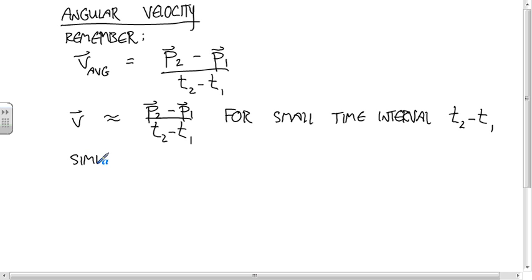So similarly, you could define an average angular velocity that's equal to the angular position at some later instant minus the angular position at an earlier instant divided by the elapsed time.